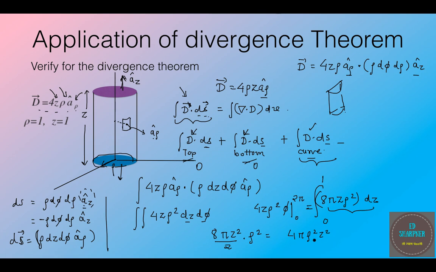So we put the values of rho and z as 1, and we get 4 pi as the answer.